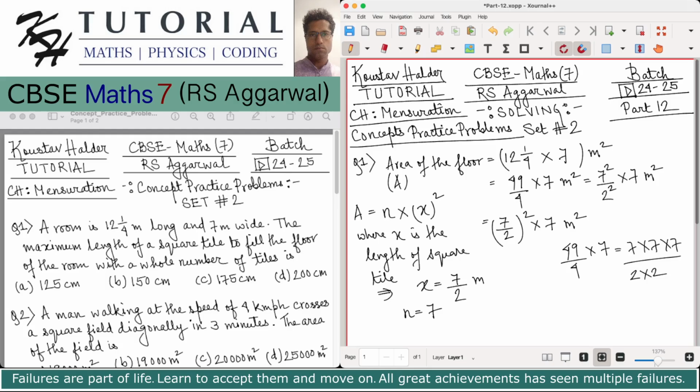So the maximum length of the square tile will be 7 by 2 meter, and the choices are given in centimeter. So how much is 7 by 2 meter in centimeter?